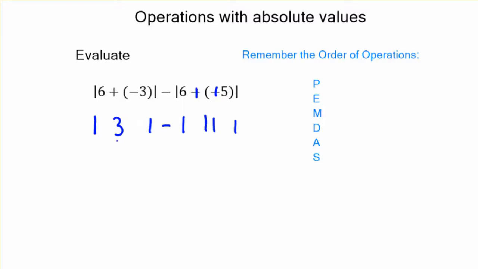Now we're going to do the absolute values. Absolute value of 3 minus the absolute value of 11. That's going to give us 3 minus 11. And that's just going to be negative 8. So these subtraction signs just come straight down because we're going to do them last. Remember, always use that order of operations when you're dealing with absolute values or any expression.